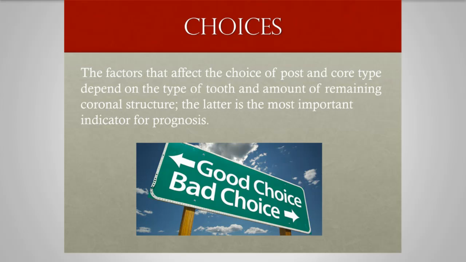And only time tells us if we made good or bad choices when it comes to our dentistry. Like I said before, the more coronal tooth structure we have, the better. You have to think about your long-term prognosis. The options that we have today are totally different than the options that we had years ago.